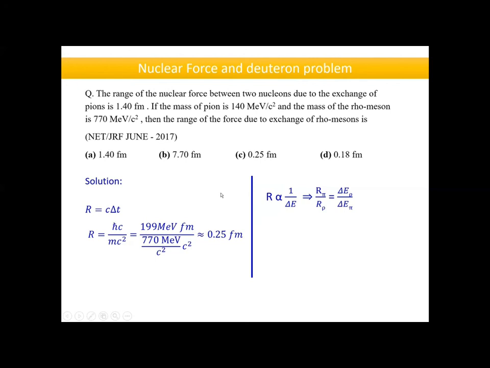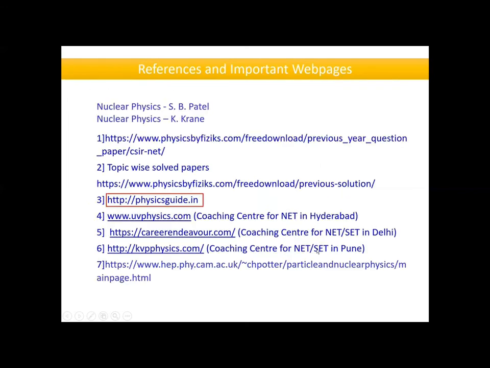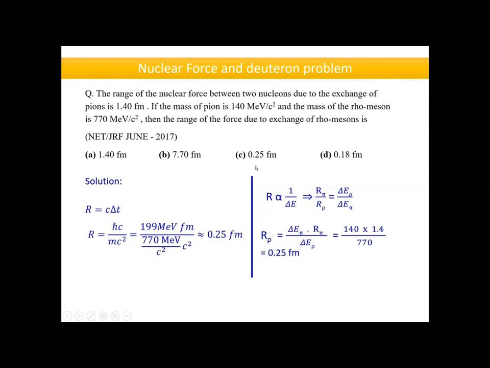Or, since we know that R is inversely proportional to delta E, one can also solve it in this way. So the answer still would be 0.25 Fermi. So the correct option is option C.